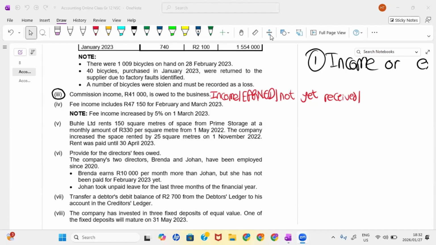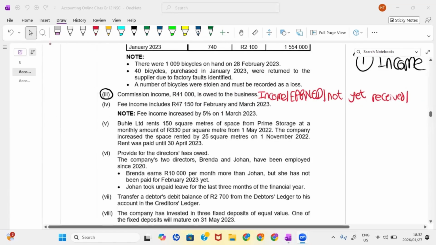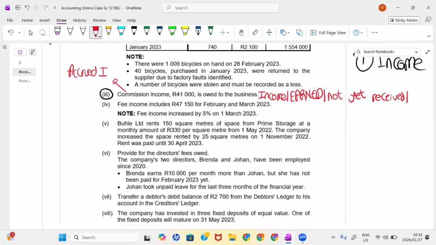What do we classify it as? It is an accrued income, sir. Yeah, exactly, it's accrued income. That's correct. Accrued income. Do you see that? We're all agreeing, né? Accrued income.